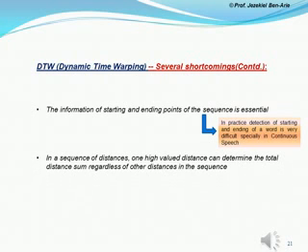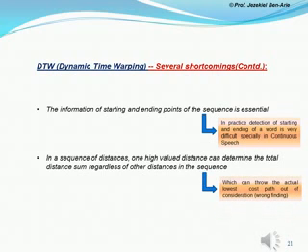Finally, and most importantly, in a sequence of distances, one high-valued distance can determine the total distance sum regardless of other distances in the sequence. This shortcoming of DTW is very important to consider because a random mismatch in a sequence can throw an actual lowest cost path out of consideration, which could lead to an error.